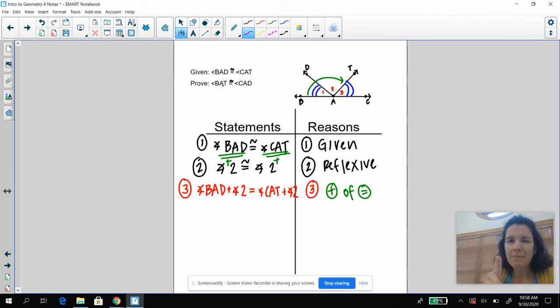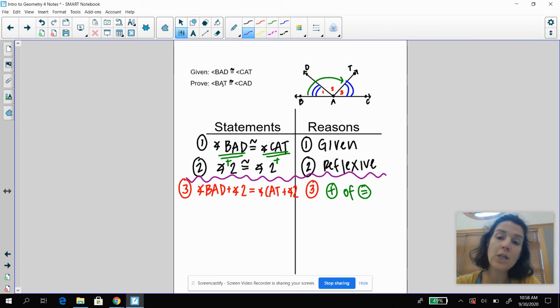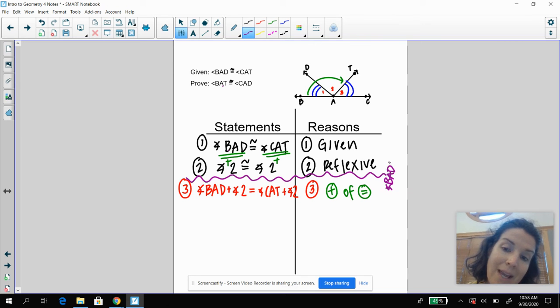And in fact, we skipped a step here that's going to be really important. We need to make sure that we switch from angle BAD being congruent to angle CAT, to angle BAD being equal to angle CAT, and angle 2 being equal to angle 2.